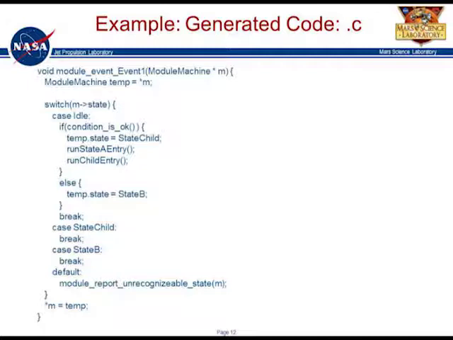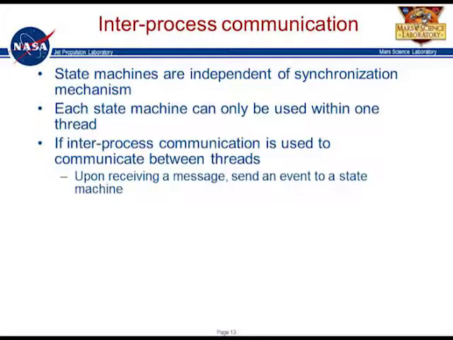So moving a step up in how you'd implement flight software, you notice in here there's no reference to any synchronization mechanisms, no semaphore. So it was very plain C. But in a real flight system, you're going to have probably multiple tasks and some synchronization method. State charts are independent of that. On our project, we happen to use inter-process communication, so you have a series of tasks sending messages to each other.